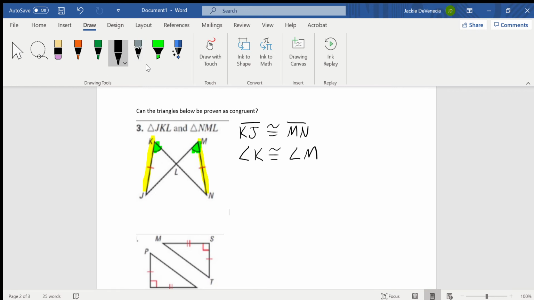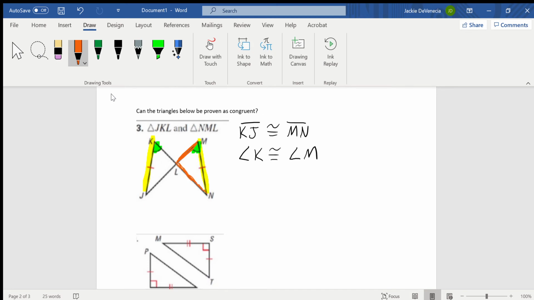Now, over here, you can see that these triangles are attached to each other. So we can actually look over here in this middle part. It looks like we have angle MLN, right?